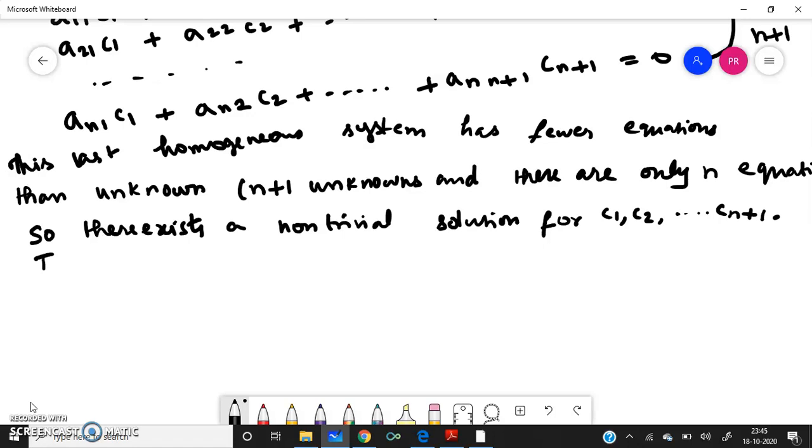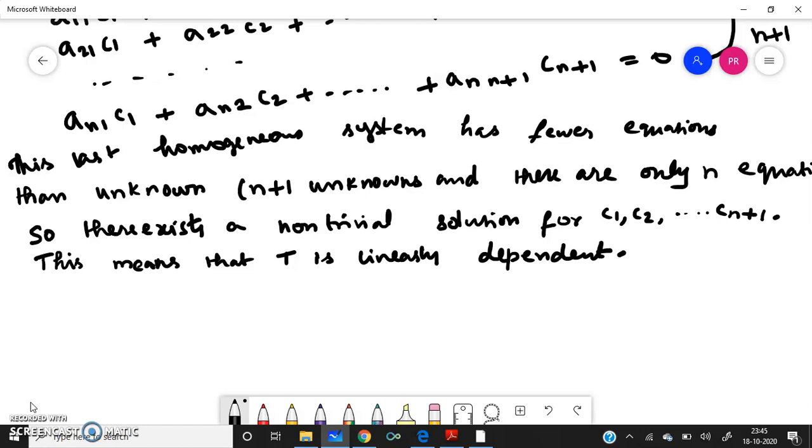Okay, this means that T is linearly dependent.